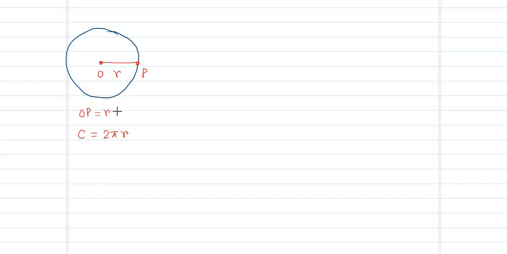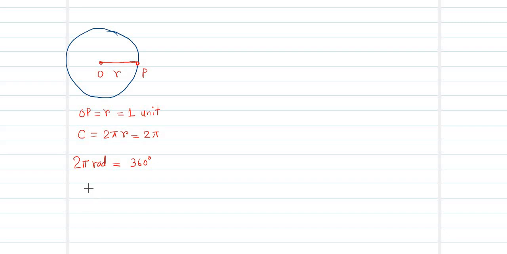In particular, if r is equal to 1 unit, then the circumference is equal to 2 pi. But what about a complete angle? A complete angle is equal to 360 degree. So in other words, we can write 2 pi radian equal to 360 degree.